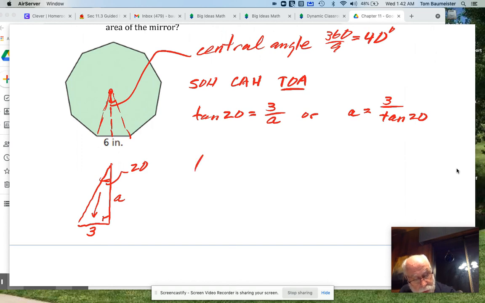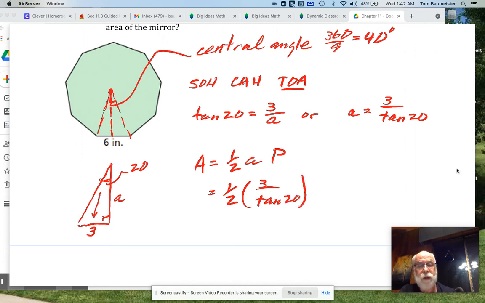So now our formula, again, is 1/2 the apothem times the perimeter. So in this case, it's 1/2. Our apothem is 3 divided by the tangent of 20 degrees. Okay, and I would suggest that you put that into parentheses just like I did there. And then we have the number of sides is 9.